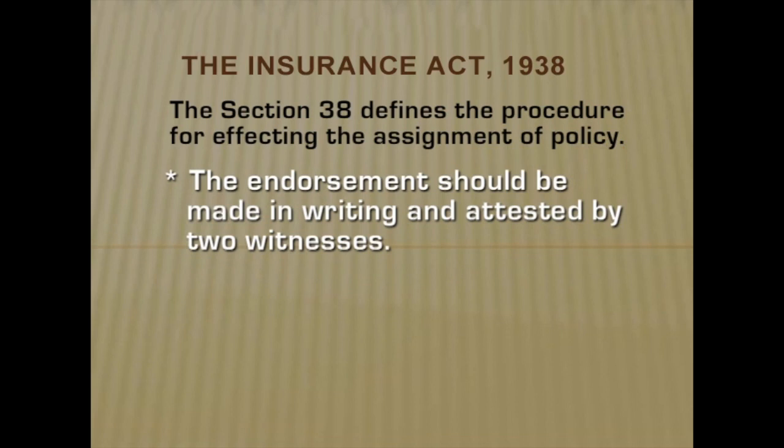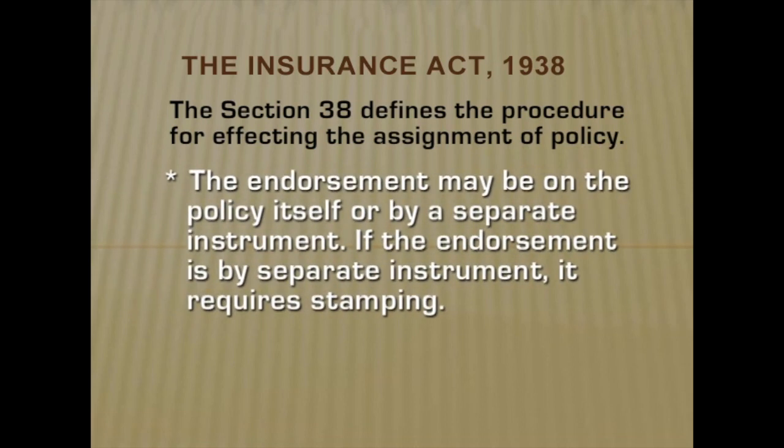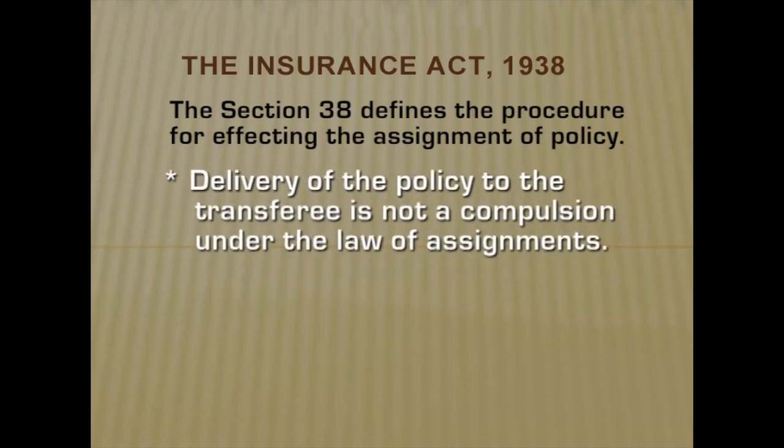The endorsement should be made in writing and attested by 2 witnesses. The endorsement may be on the policy itself or by a separate instrument. If the endorsement is by separate instrument, it requires stamping. Delivery of the policy to the transferee is not a compulsion under the law of assignments.